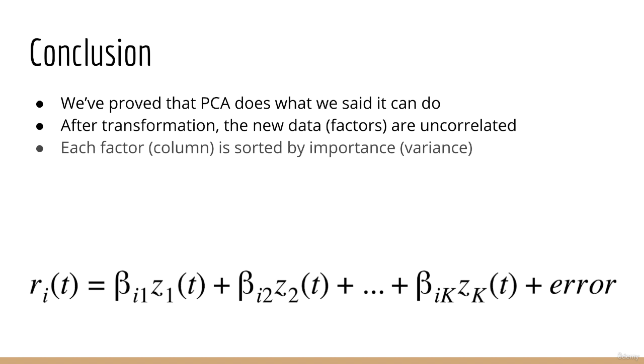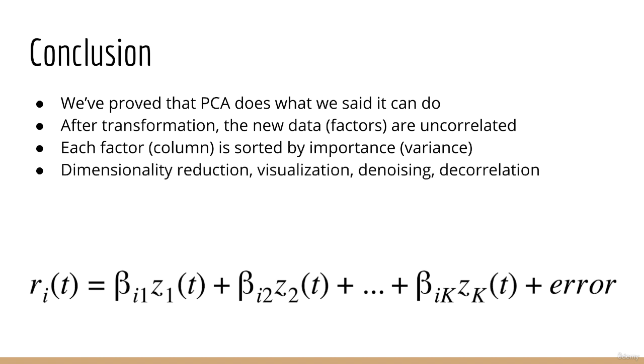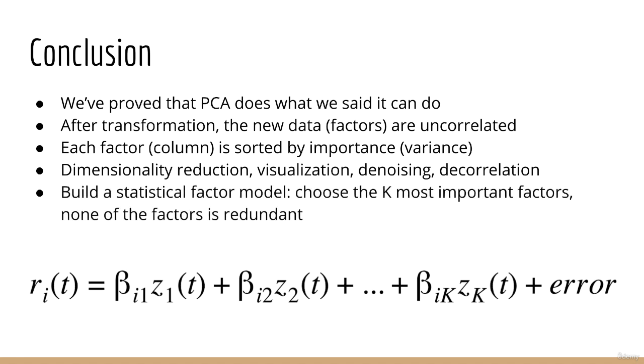Furthermore, the columns are ordered in terms of importance, where importance is measured by variance. This allows us to perform dimensionality reduction, visualization, denoising, and decorrelation. And this allows us to build a statistical factor model such that we can choose the most important factors that affect a stock's return and ensure that each of these factors are not redundant.